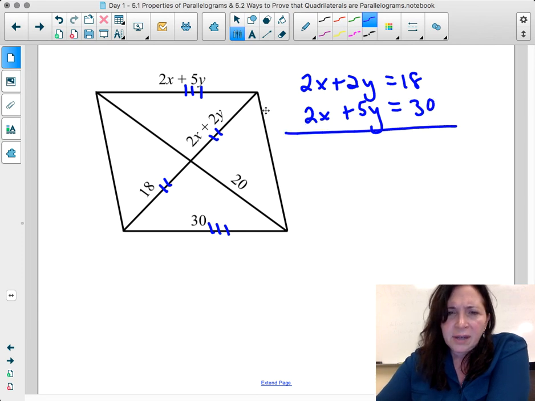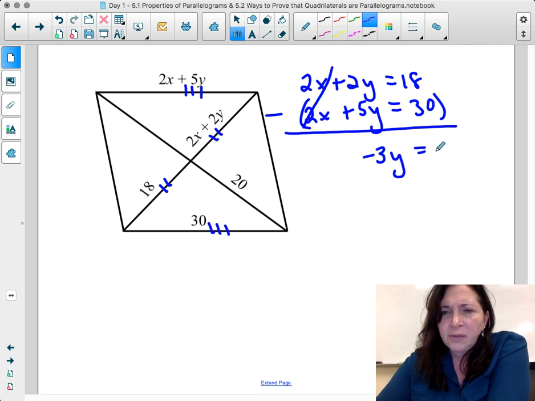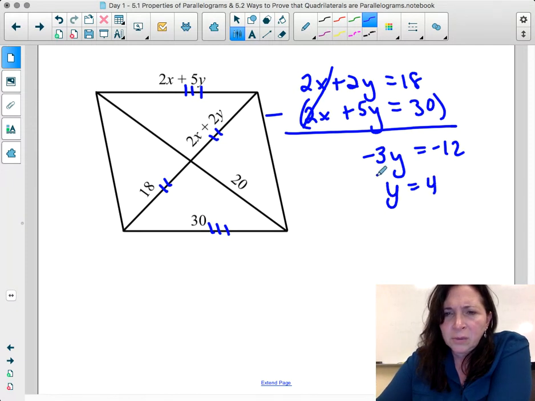And what I've decided to do is to subtract the equations, and the 2x terms are going to cancel. 2 minus 5 is negative 3y, and I have 18 minus 30, which is negative 12. So I end up getting y is equal to 4.